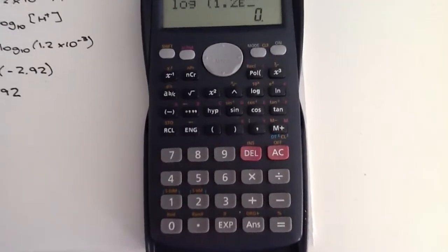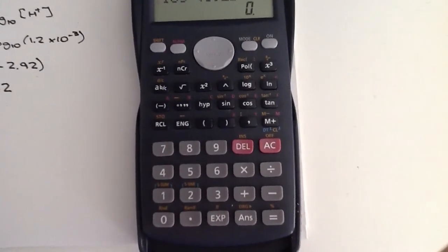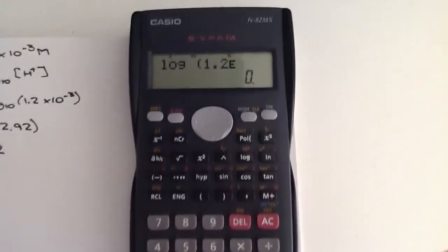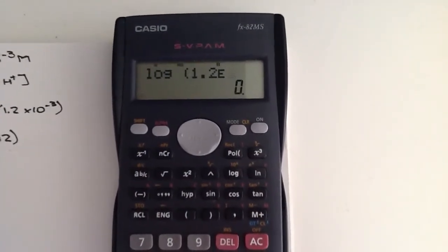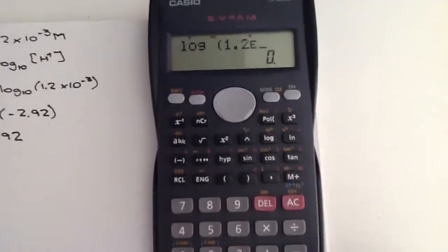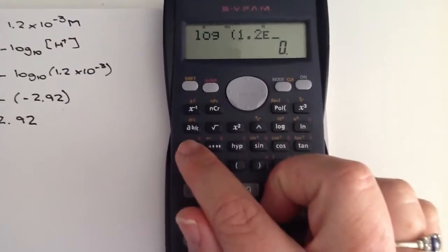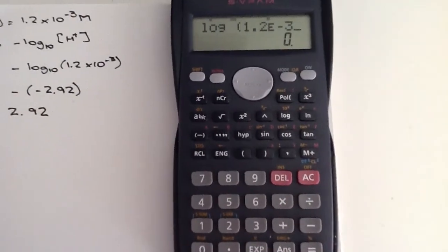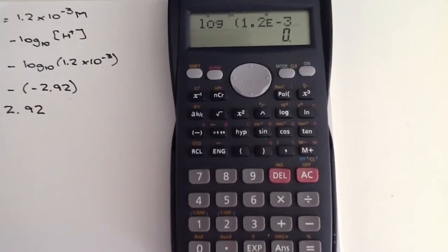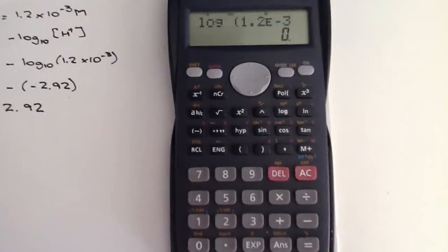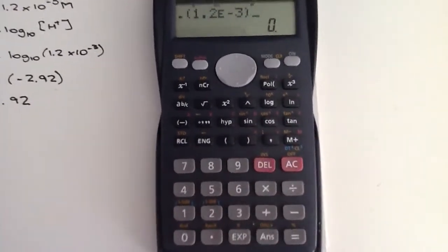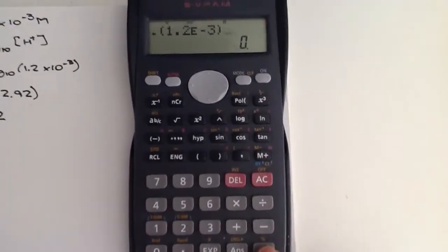What that EXP button means is the same as times 10 to the power of, and we can see that it comes up on the screen as a little E. So now all we need to do is put in our negative 3, which is the power for the 10 component of the concentration. We then close our brackets and we can press equals at this point.